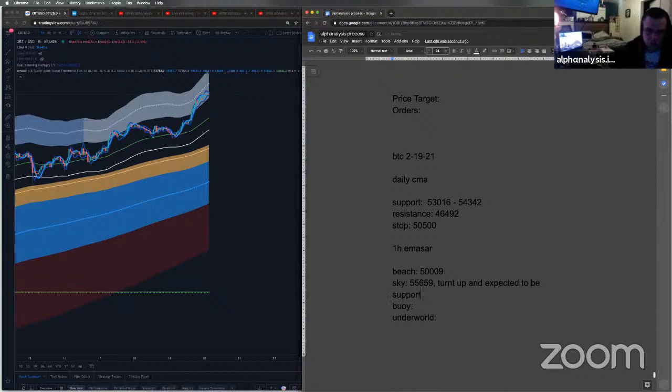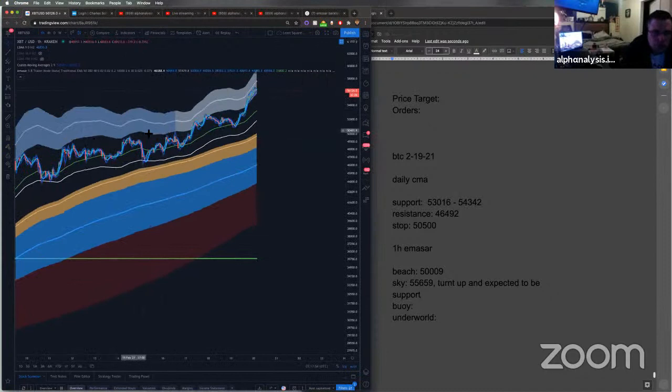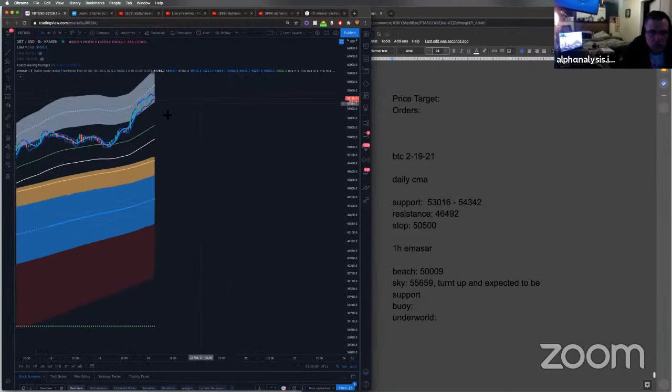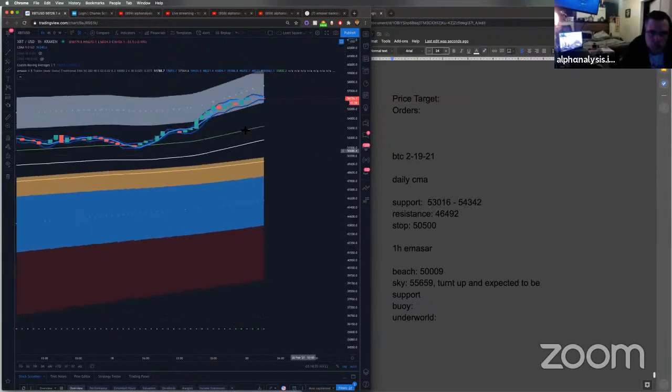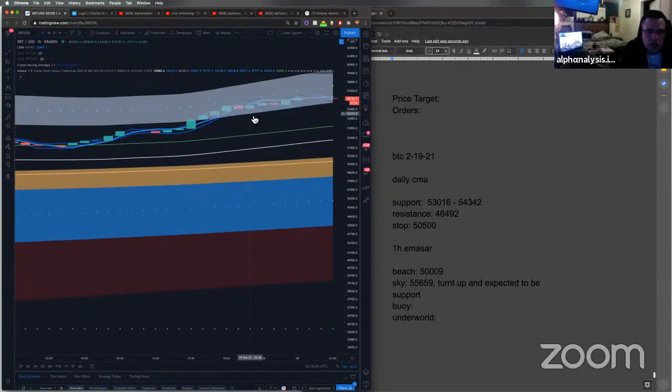We expect resistance to turn support once it is broken through. So, when you have resistance and then you break through it, that's where I'd expect it to turn into support. Like right here, I was paying very close attention as we had this 2 low moving average cutting into the bottom of the sky and the price pulling back into it.